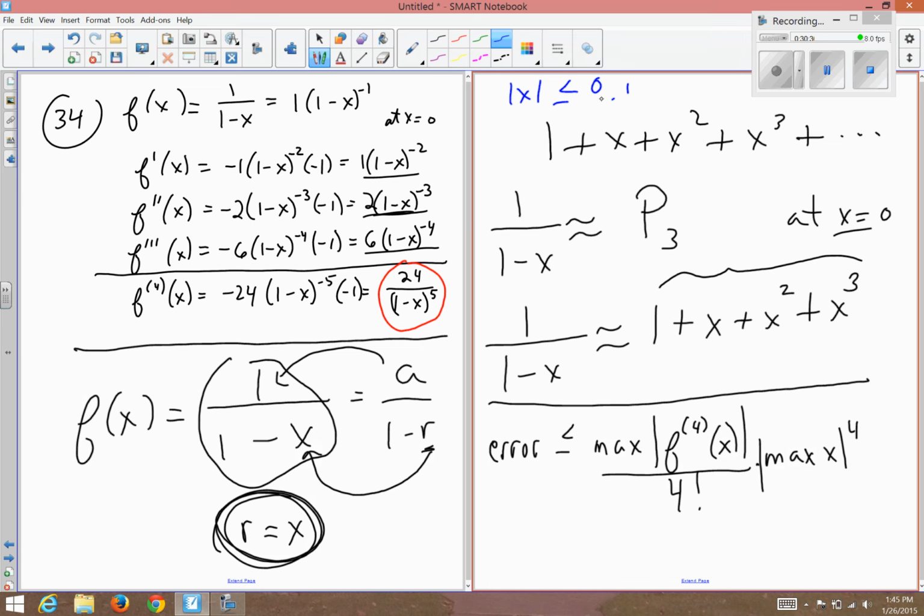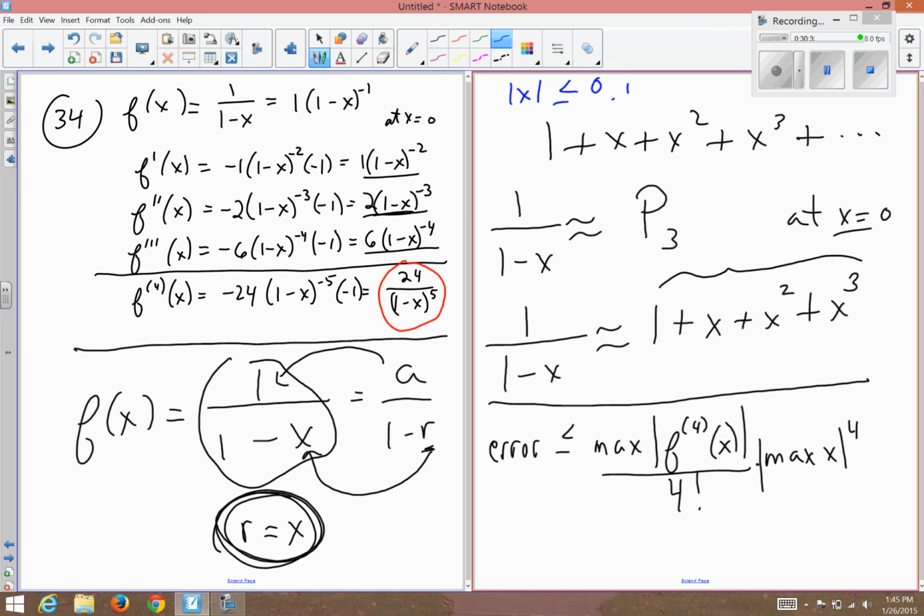So if I put that biggest x value in here, in this red circle, 24 over 1 minus 0.1 raised to the fifth, I get 40.644. That's what would go in this spot.